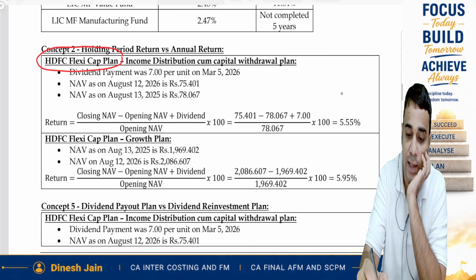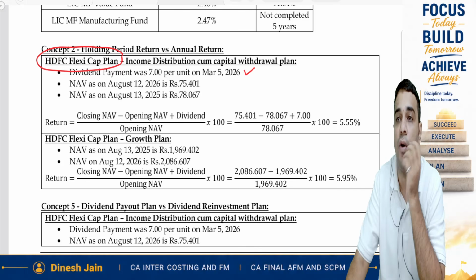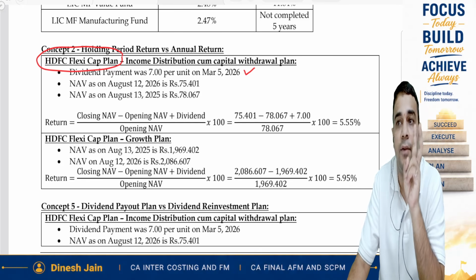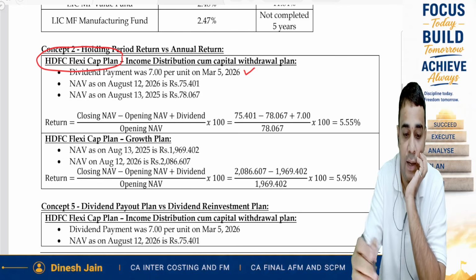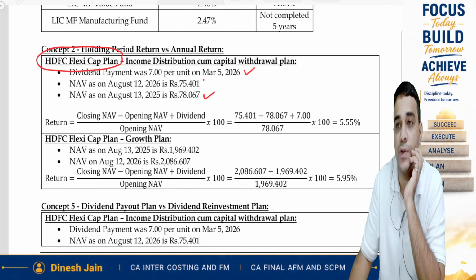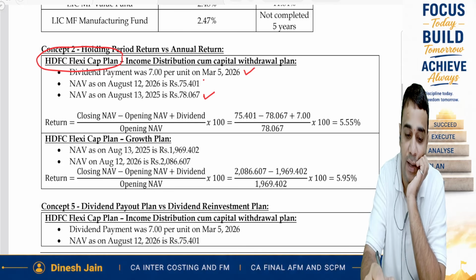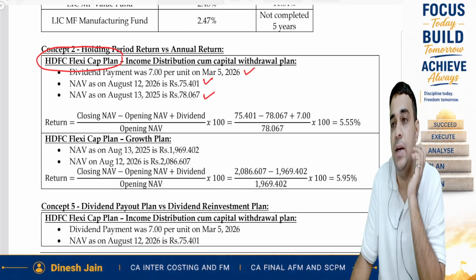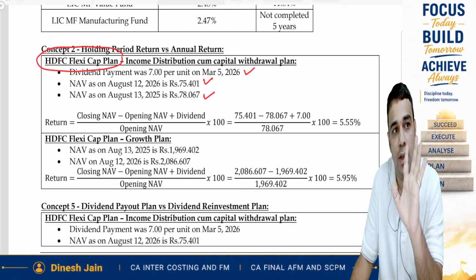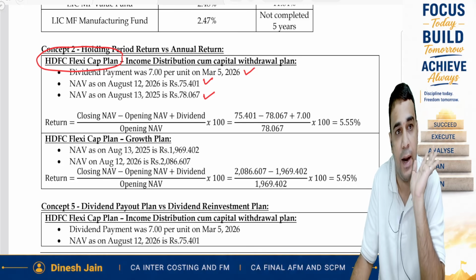Practical data: it paid a dividend of 7 rupees on March 5, 2026. When I started, NAV was 78.067. When I ended a year later, it was 75.401. All these are exact practical data.